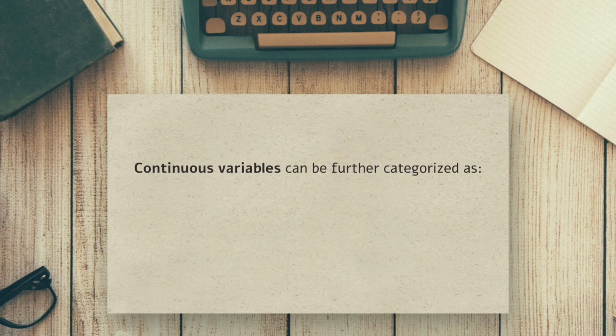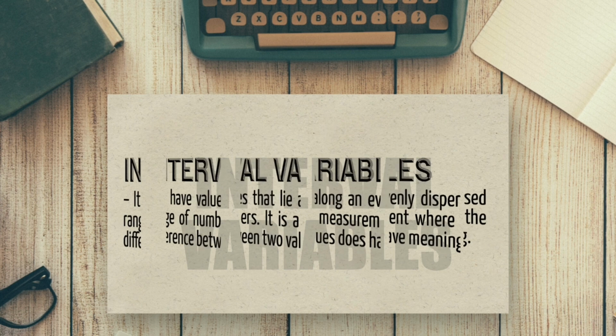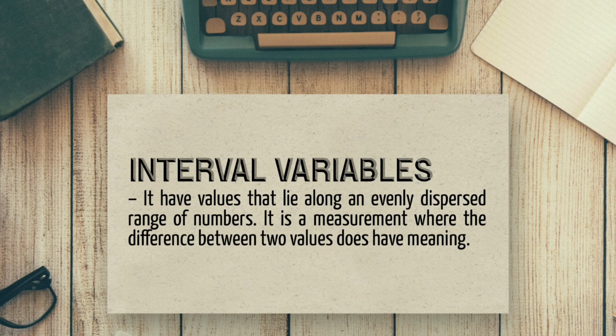Continuous variables can be further categorized as number 1, interval variables. Interval variables have values that lie along an evenly dispersed range of numbers. It is a measurement where the difference between two values does have meaning.